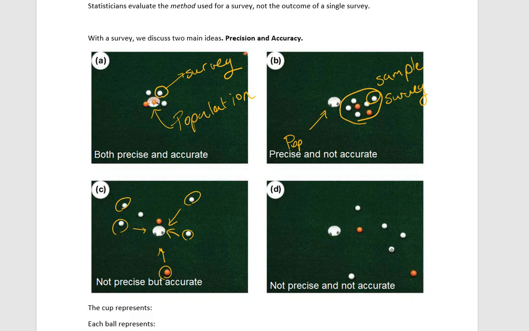Here on part D, this isn't precise or accurate. So my golf balls aren't close to each other, right? Like in part B, they were kind of grouped together. Not only are they not close to each other, it looks like they were trying to hit this imaginary hole over here, and they're missing the actual population.